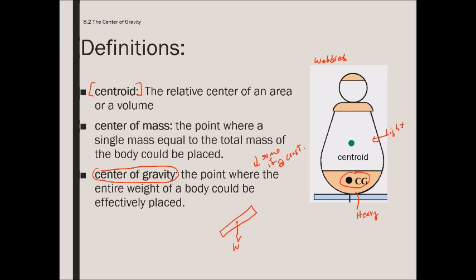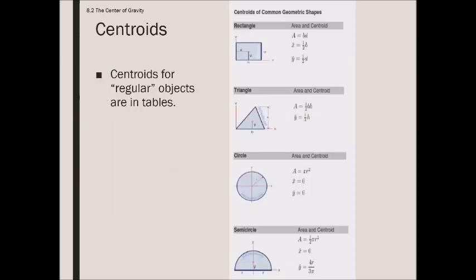But generally, we're going to deal with homogeneous objects, and if not, we're going to put different homogeneous objects together to make the mathematics pretty simple. Generally, we're going to be looking at the center of area to be equal to the center of gravity.